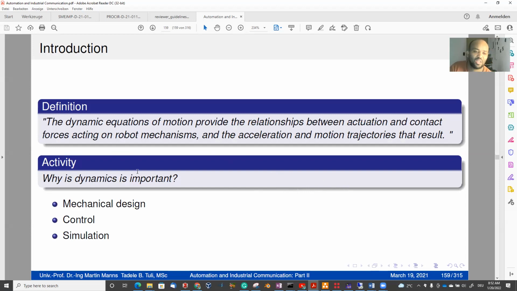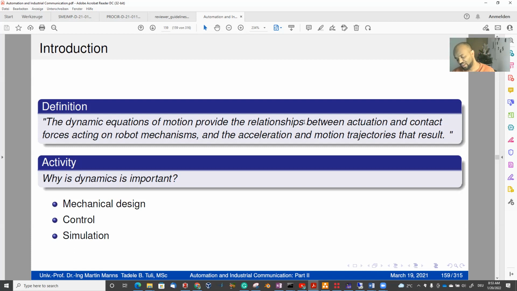So in general, from the definition, the dynamic equations provide the relationships between actuation, contact forces acting on the robot mechanism, and the acceleration and the motion trajectories that result. The acceleration and the motion trajectories that result from the actuation and the contact forces on the robot mechanism are the dynamics of the robot.